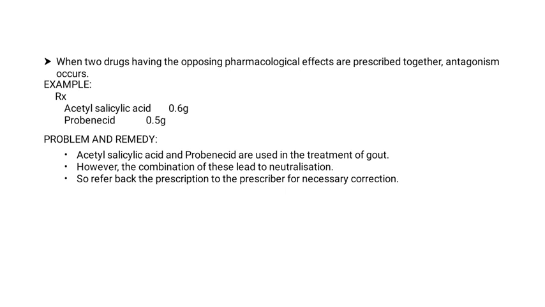Here acetyl salicylic acid and probenecid are used in the treatment of gout, but the combination of acetyl salicylic acid and probenecid neutralizes the action of one another. Okay, so there will be no effect or pharmacological action against the gout. So refer back to the prescriber.